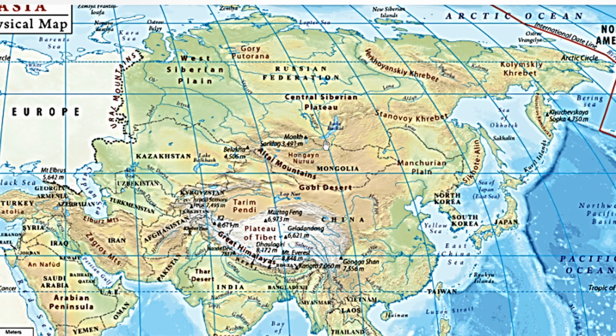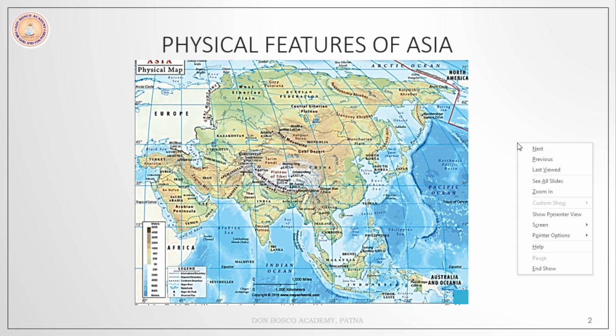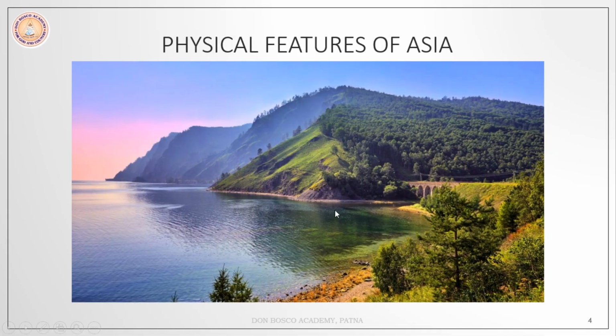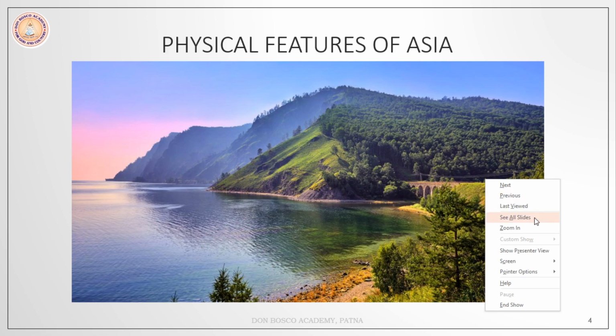Lake Baikal is the deepest lake in the world. It consists of nearly 20% of the fresh water which is found on the earth. This deep lake, which is Baikal, you can see it on your screen. It is being displayed, a very beautiful feature in the Siberian plains.